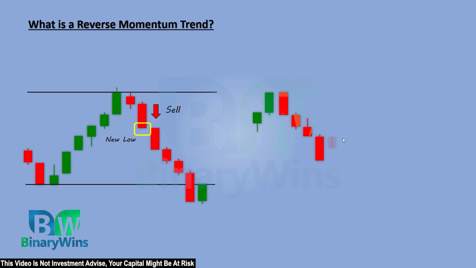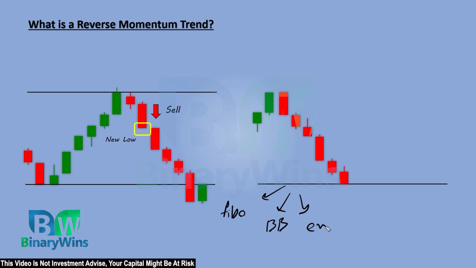After our momentum trend reaches an important level, which again can be Fibonacci levels, Bollinger Band levels, EMA, and other things I said before.